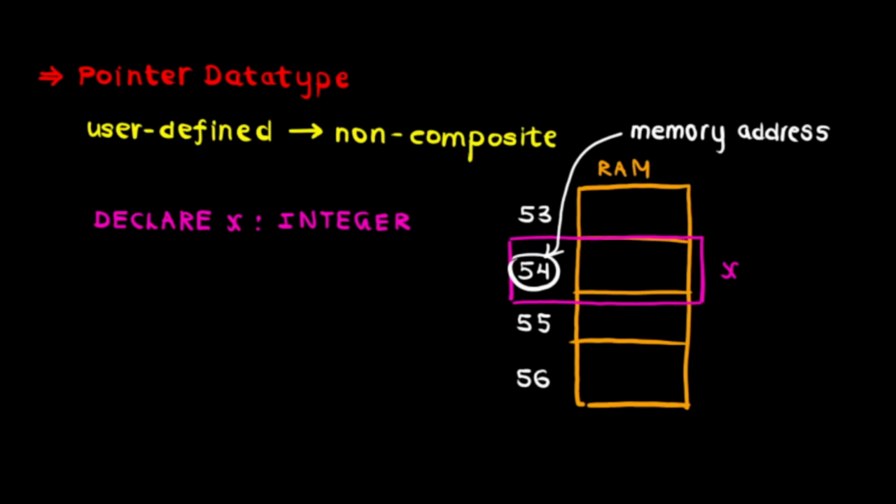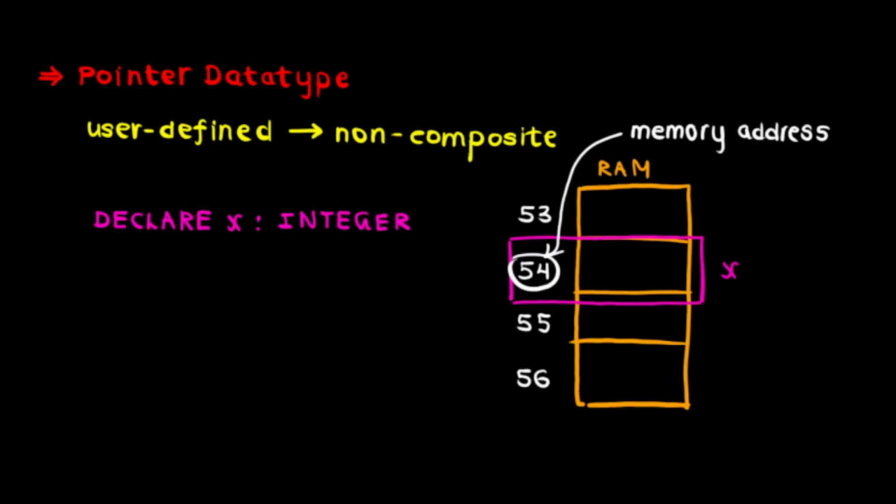Now, there's a little bit more that goes into this allocation, specifically the size of an integer, because the size of an integer might change, and therefore you might have to allocate more than one location for an integer. But that's something we'll avoid for now. We'll assume that one integer occupies one memory location, as simple as this.